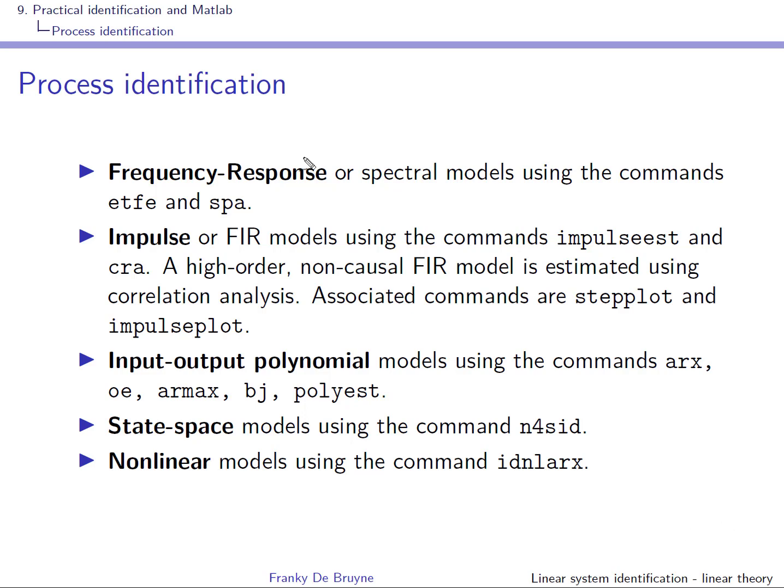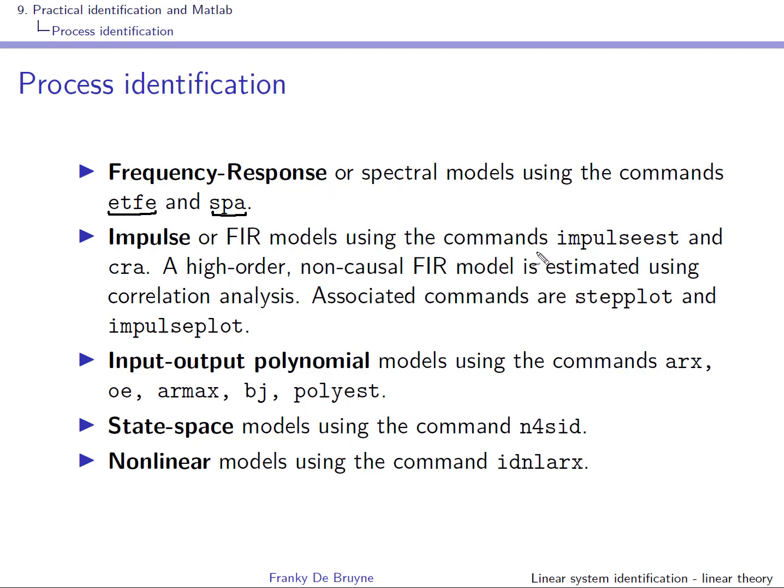You can use the command SPA for spectral analysis, but you also have another command which is ETFE, empirical transfer function estimate. They are very closely related. It's just a question of filtering between frequencies, which makes a difference. So you can have a look at that to have the frequency response of the system.